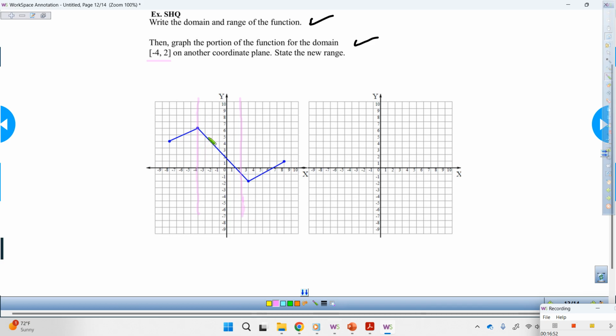All right? So highlight all of that so you can focus on that. And I want you to graph that portion over here on this one. Do that right now, please.